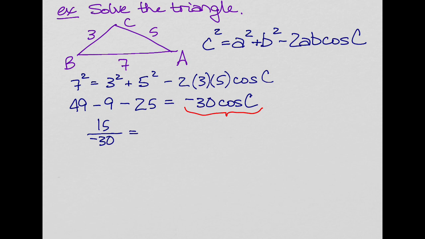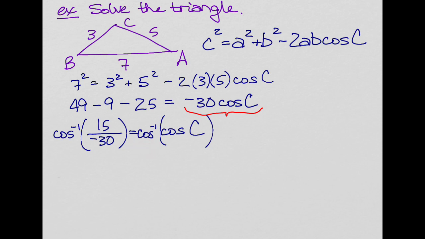And that's cosine C. Well, I don't want the cosine of C. I want actual C. So I'm going to use the inverse of the cosine function, the arc cosine. I know that because it's in a triangle, angle C is either in quadrant 1 or in quadrant 2, which is the range of the arc cosine function, conveniently.